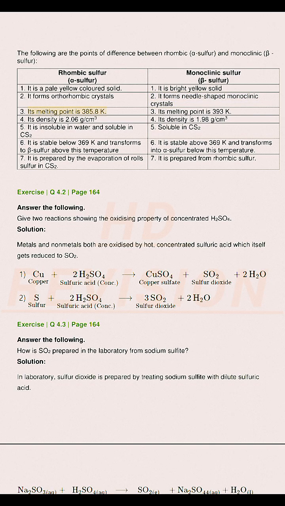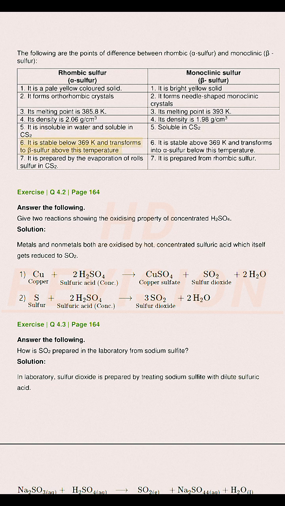Alpha: 3. Its melting point is 385.8 K. Beta: 3. Its melting point is 393 K. Alpha: 4. Its density is 2.06 grams per cc. Beta: 4. Its density is 1.98 grams per cc. Alpha: 5. It is insoluble in water and soluble in CS2. Beta: 5. Soluble in CS2.